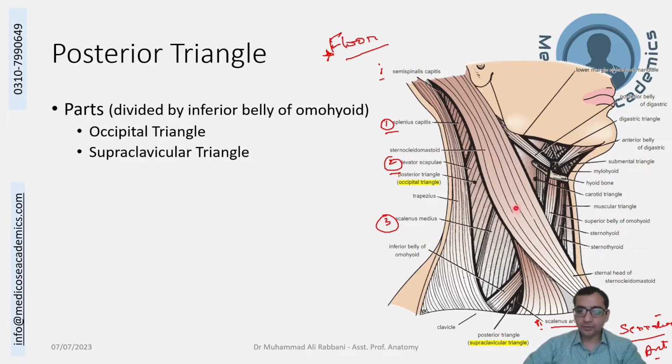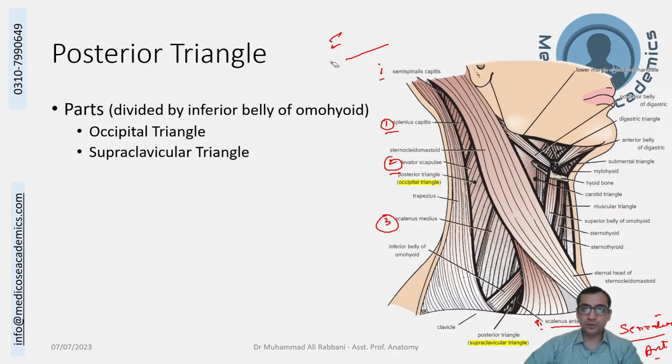So these are all of the muscles that are forming the floor of the posterior triangle: semispinalis, splenius capitis, levator scapulae, scalenus medius, scalenus anterior, and if you are extending the neck and you are doing too much effort, you may see the serratus anterior.